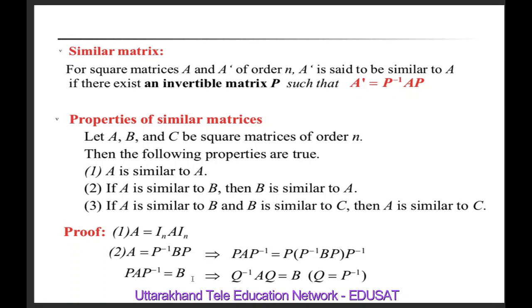So P A P inverse is equal to B. If we substitute Q equal to P inverse, then Q inverse is equal to P, so Q inverse A Q equal to B. So if A is similar to B, then B is similar to A. We have proved it because B is equal to Q inverse A Q.